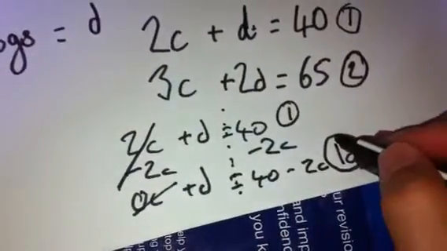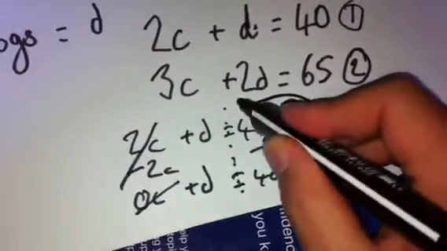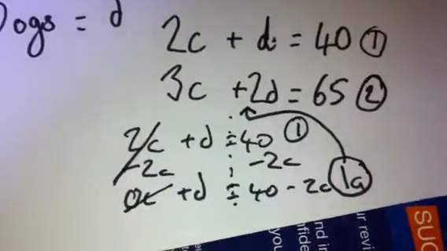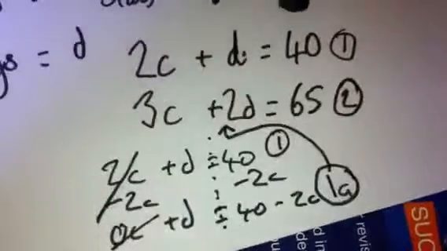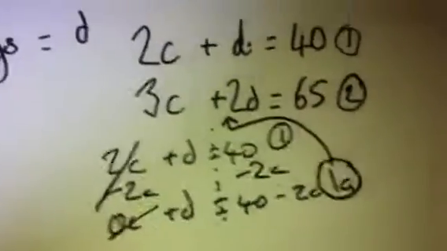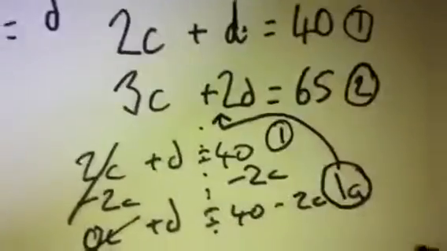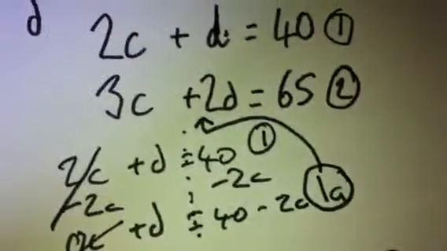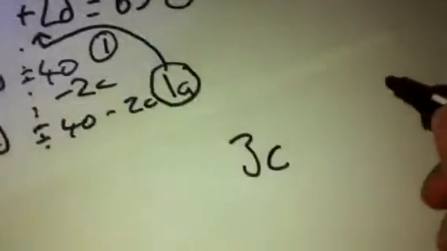Now we put equation 1A back into equation 2. I'll show you what happens. Write out equation 2. 3C plus 2D equals 65.